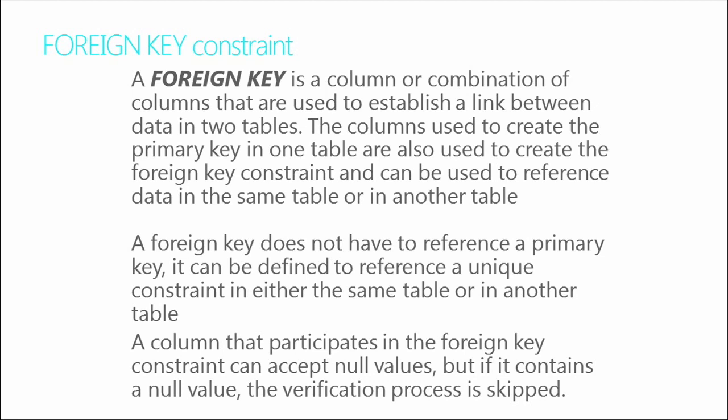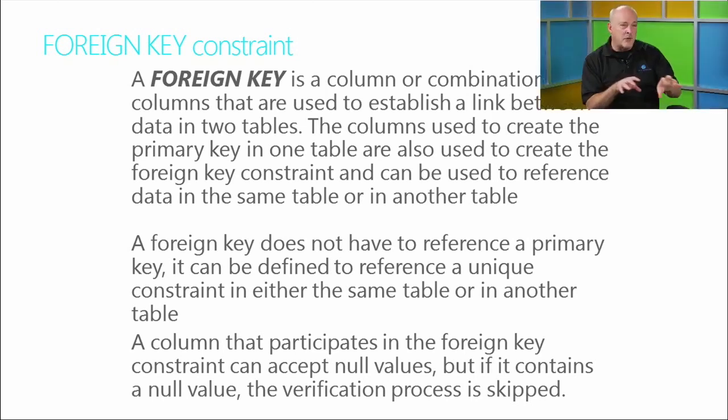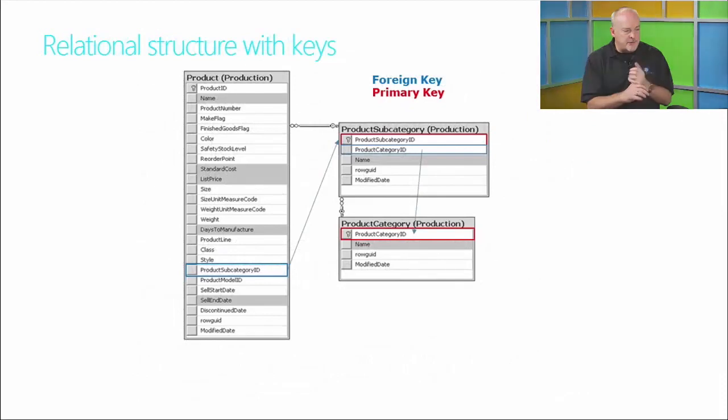Unlike a primary key, a foreign key can have null values. So be careful on how those two are implemented because they're implemented slightly differently. But you're going to see that a primary key is going to be accessed by the reference by a foreign key. So that's going to allow us to enforce that referential or data integrity by making sure that we have valid content when we're adding our content into our tables.